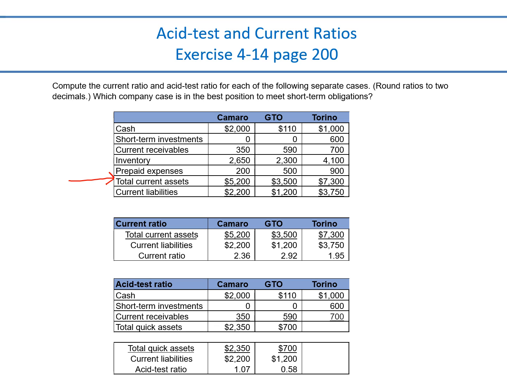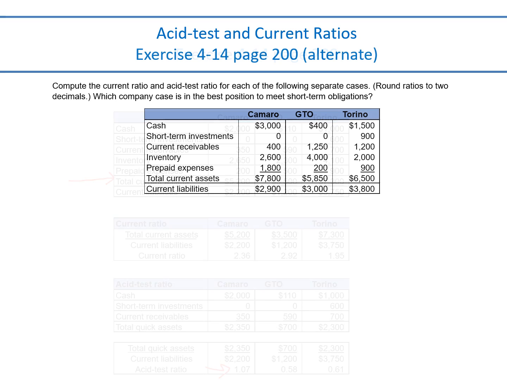And then Torino has 1,600 and 700 for a total of $2,300 of quick assets, divided by 3,750 of current liabilities for an acid test ratio of 0.61. So in this case, Camaro Company has the best acid test ratio.